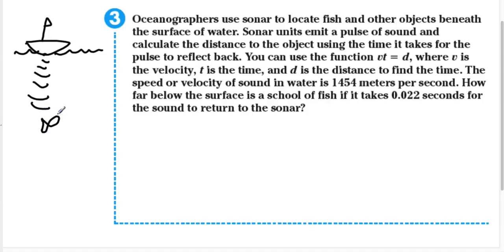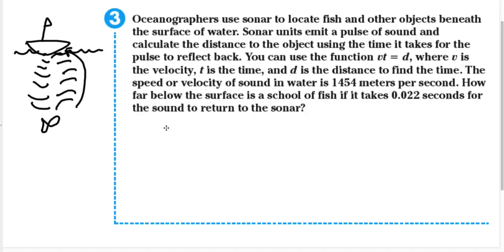After it spots a fish, the sound waves travel back to the sonar or to the machine. And the number of seconds for that sound to travel back to the machine will determine the depth of that particular fish. Okay?